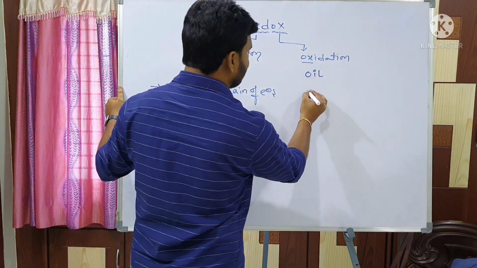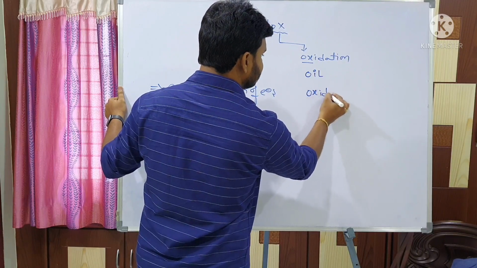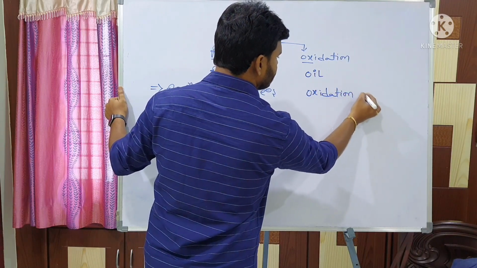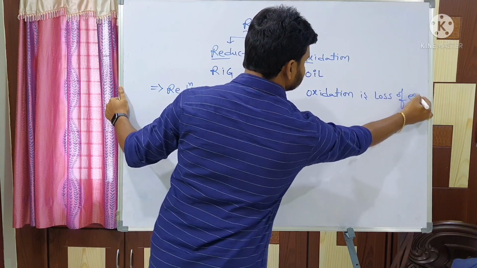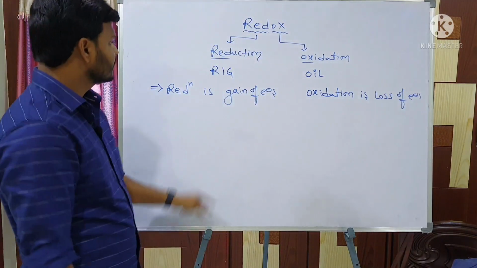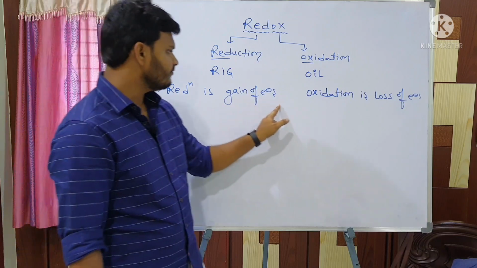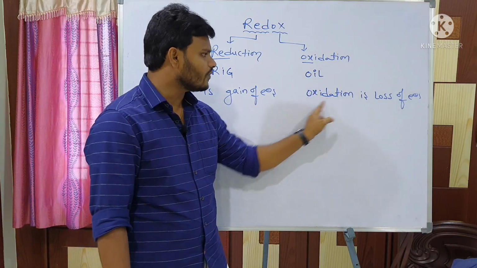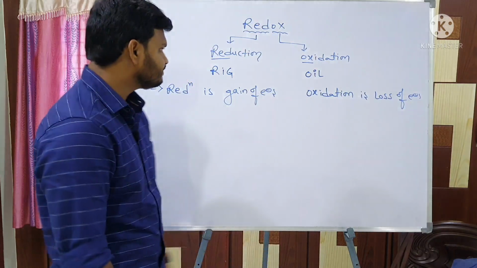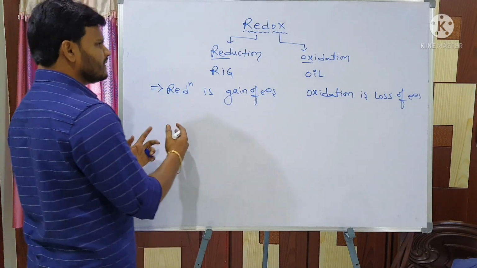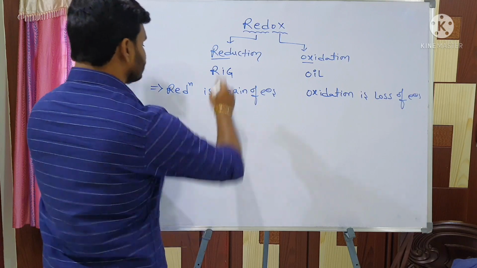What is the meaning of OIL? Oxidation is loss of electrons. Is it clear, dear students? RIG is nothing but reduction is gain of electrons. OIL is nothing but oxidation is loss of electrons.